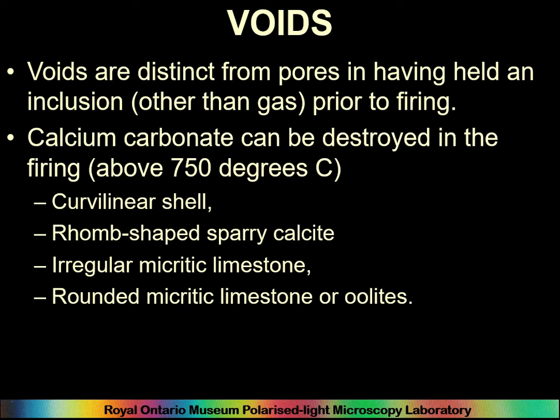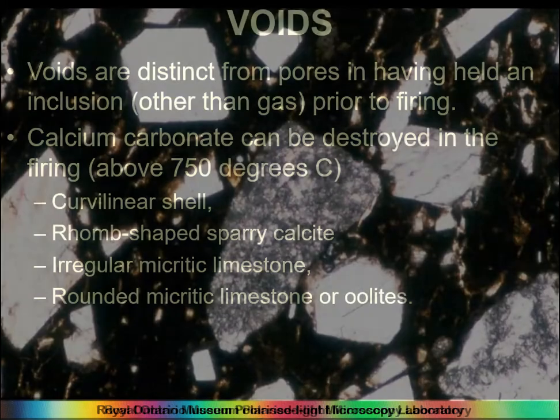So calcium carbonate, calcite, can also be destroyed in the firing above 750 degrees centigrade, and you may see voids like curvilinear shell, rhomb-shaped sparry calcite, irregular micritic inclusions, or rounded micritic limestone, or oolites.